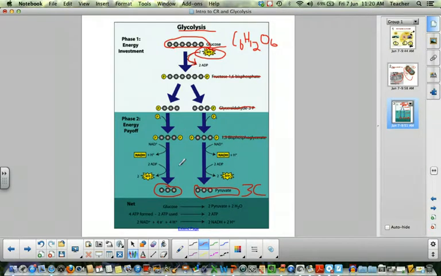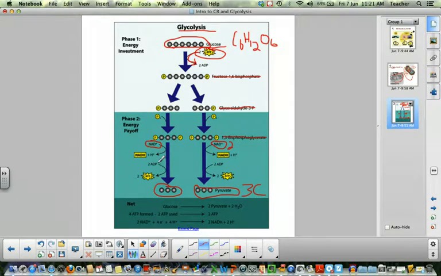None of these other things are important for our reactants and products. Here we have a NAD+, which is an electron acceptor. It's an oxidizing agent in that it removes electrons. Notice that there is 1 on each side, 1 for each pyruvate. So that's a total of 2 NAD+ for reactants.